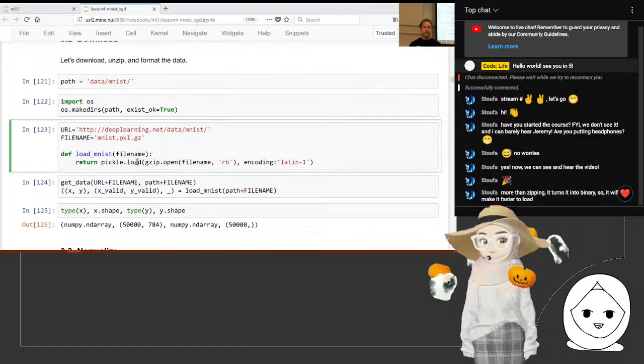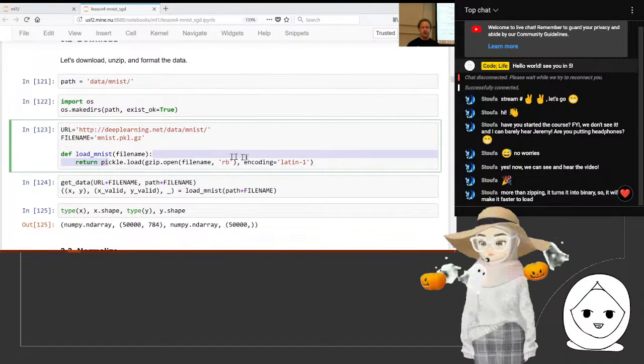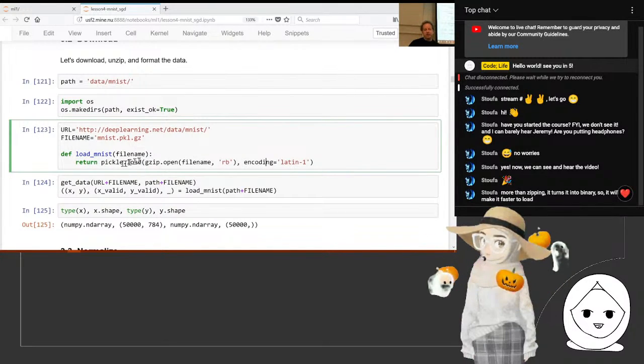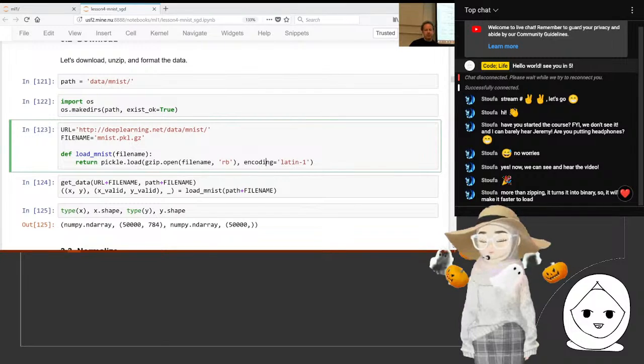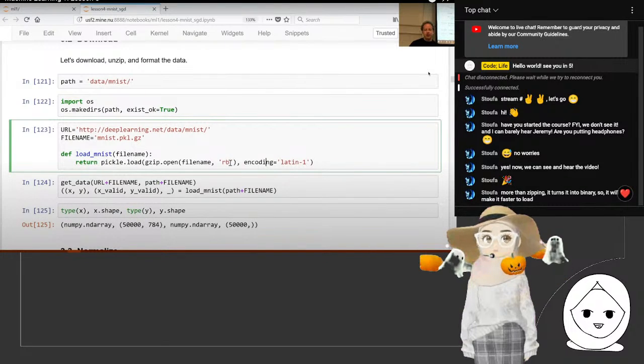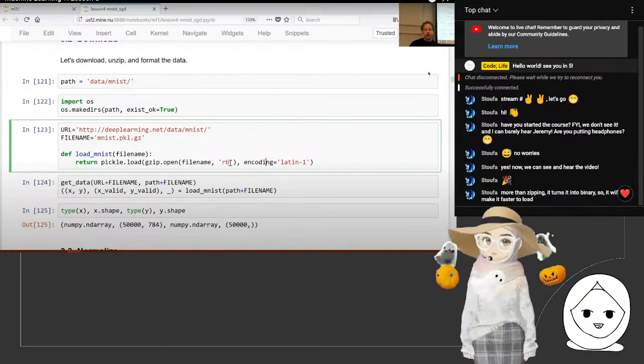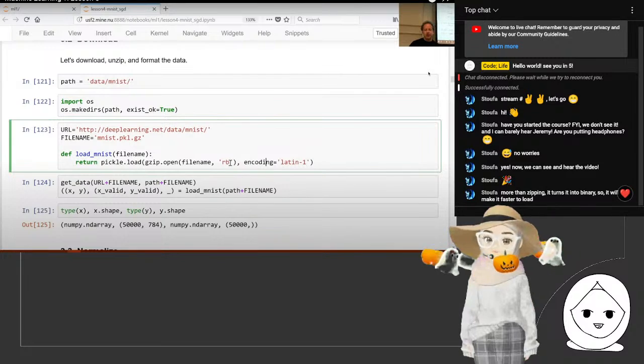Okay, so in this particular case, the folks at deeplearning.net were kind enough to provide a pickled version. Pickle has changed slightly over time. Zipping turns it into binary, so it makes it faster to load.